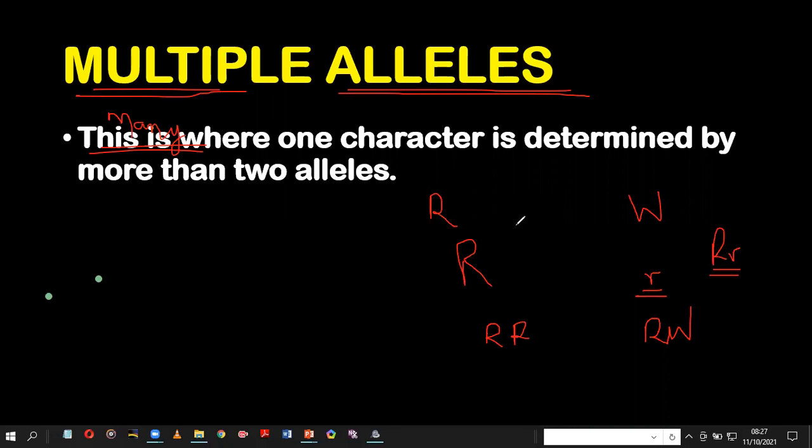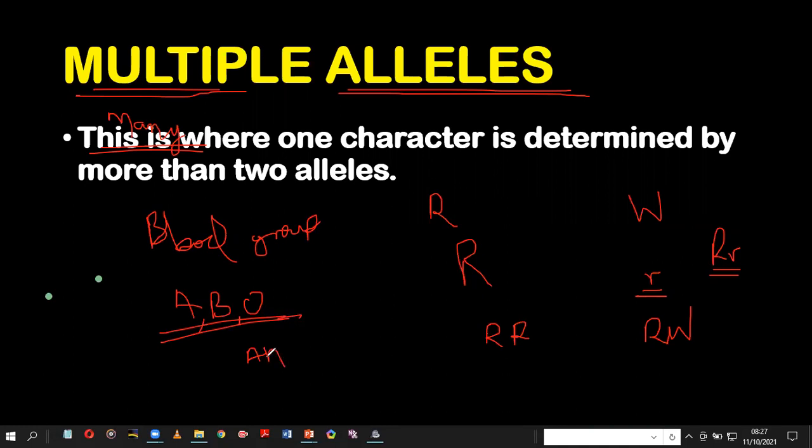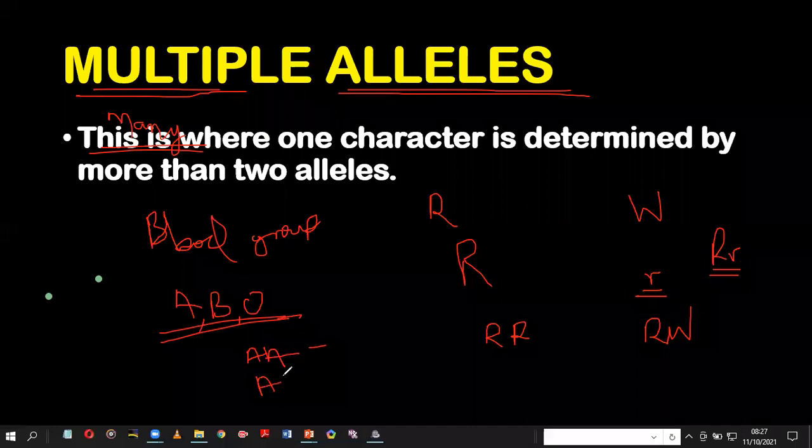For example, we shall find this in blood groups. In blood groups, you have the ABO blood group system. Automatically, these are 3 alleles. If you have A, now this is blood group A. You can also have something of this kind.